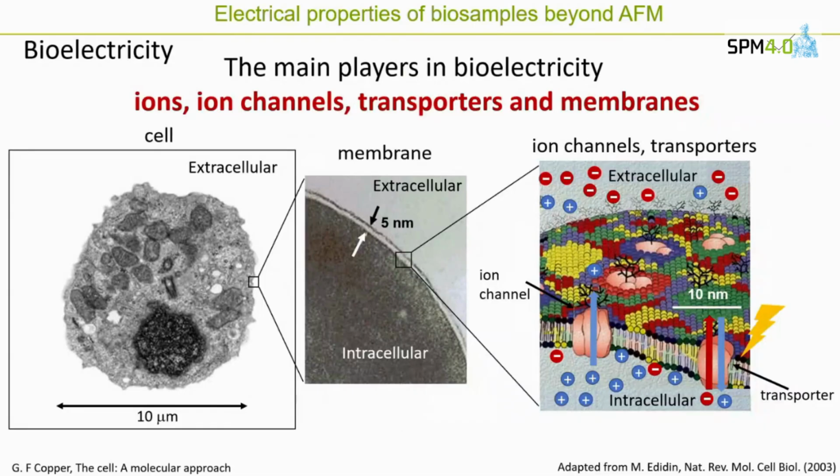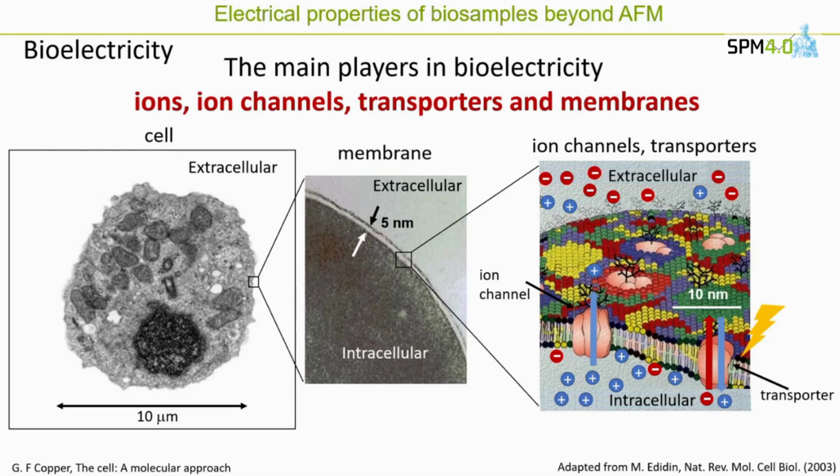So what are the main players in all this bioelectricity? In this second part, I will spend more time on active properties. I will present something about passive properties, but I will also consider active properties of electrical systems. Basically, in bioelectricity the main players are the ions, and these ions move from inside to outside of the cell through ion channels, and through other specific proteins called transporters, which are able to exchange ions between the inside and outside of the cell, and the membranes that separate the different cell compartments, and in particular the cell from the outside.